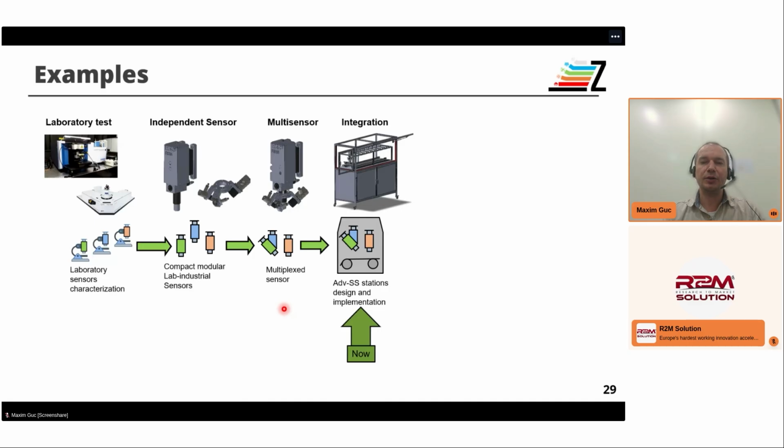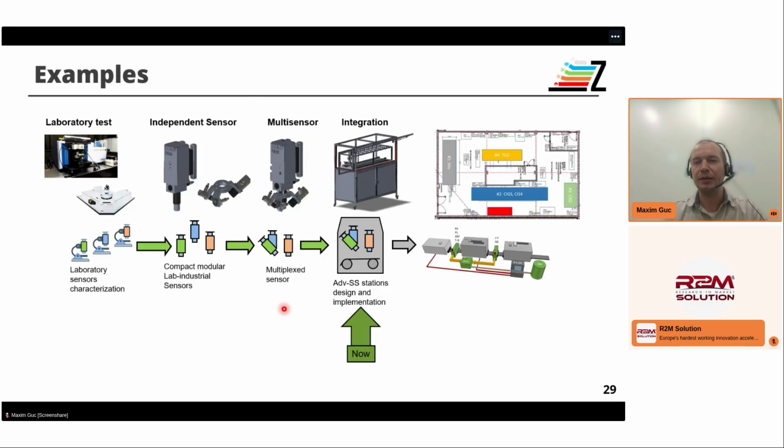And currently we are in the process of integration of these multi-sensors inside one advanced sensor station, as we call it inside the project. This station implements different sensors, so it contains different sensors and can be used for different production steps.